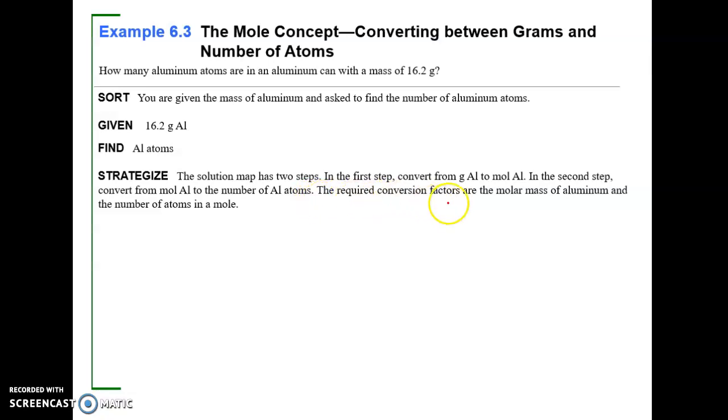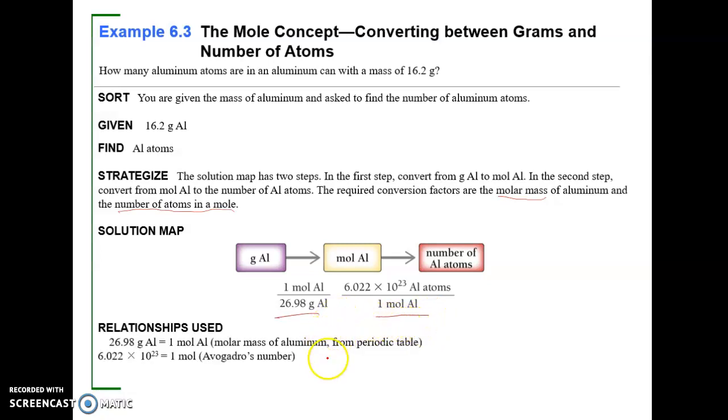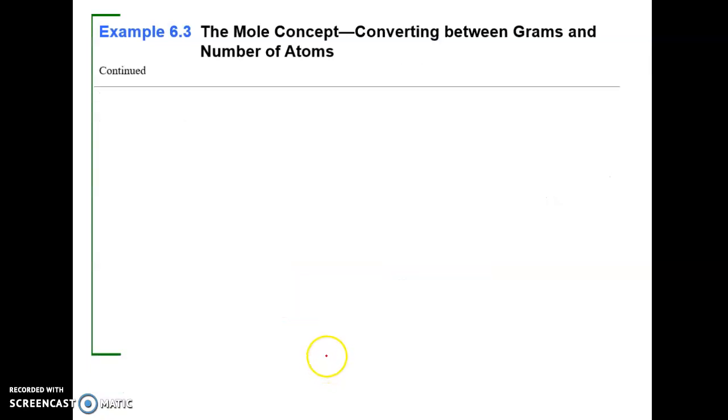Okay, so we need to use the molar mass of aluminum for the first step, and then we need to use Avogadro's number for the second step. And here is your little solution map, starting with what you're given. These are your conversion factors that you're going to use. This is your molar mass of aluminum, and this is your Avogadro's number. All right, let's get started.